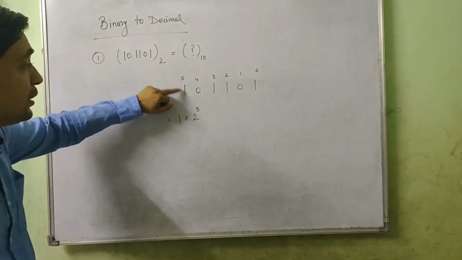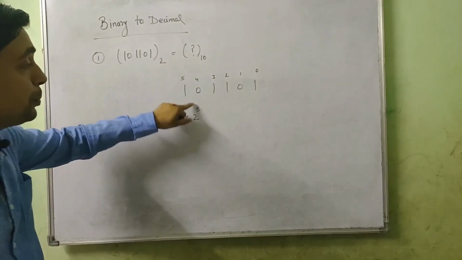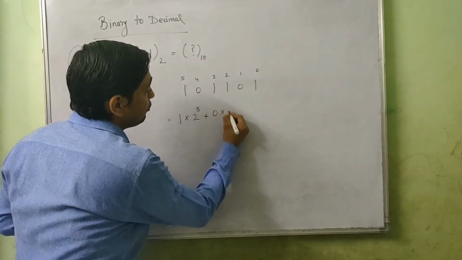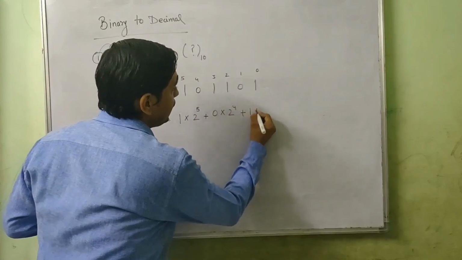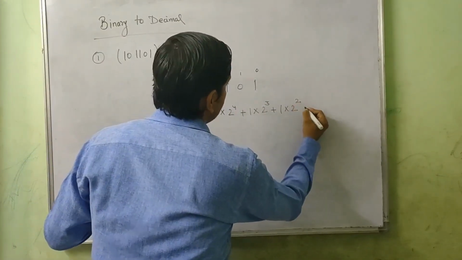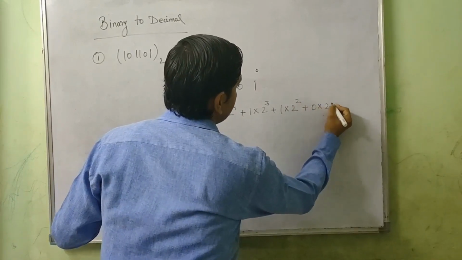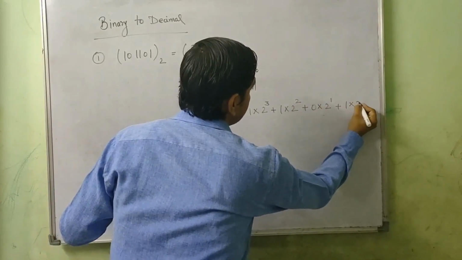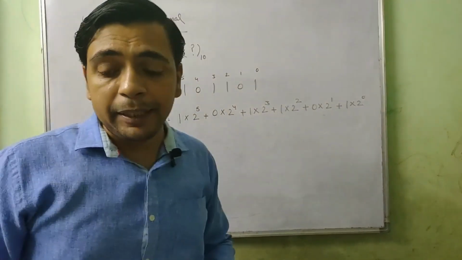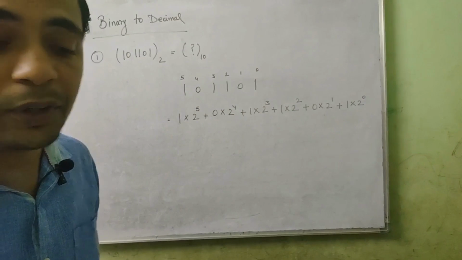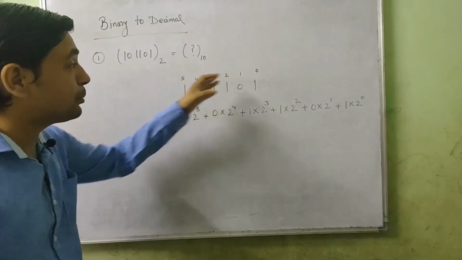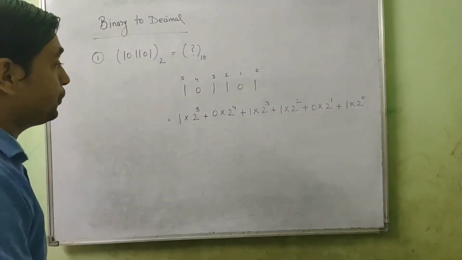For example, the leftmost digit has power 5, so 1 into 2 to the power of 5 plus 0 into 2 to the power of 4 plus 1 into 2 to the power of 3 plus 1 into 2 to the power of 2 plus 0 into 2 to the power of 1 plus 1 into 2 to the power of 0. You note down all the digits multiplied by 2 to the power we got there, starting the powers from the right-hand side, from 0.